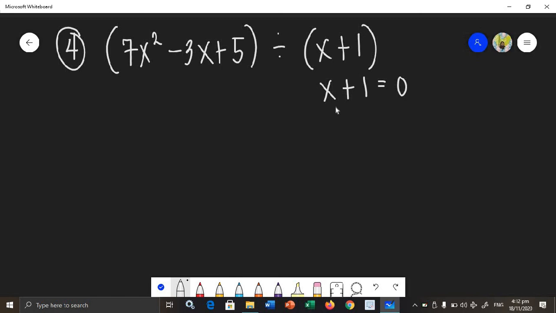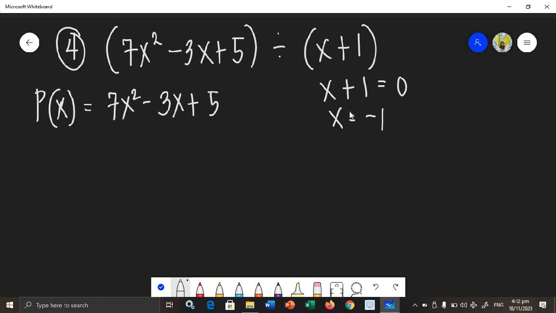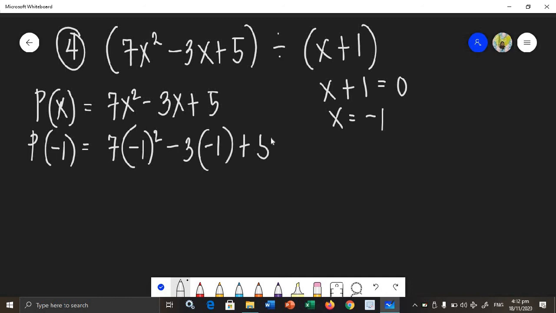So x plus 1 equals 0, x is equal to negative 1. And then rewrite the given like this. P quantity x is equal to 7x squared minus 3x plus 5. And then using the value of the c or your x, okay, substitute it to all the x's here in the polynomial. So we have p quantity negative 1 equals 7 quantity negative 1 squared minus 3 quantity negative 1 plus 5.